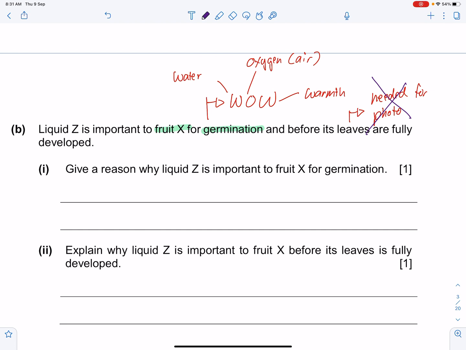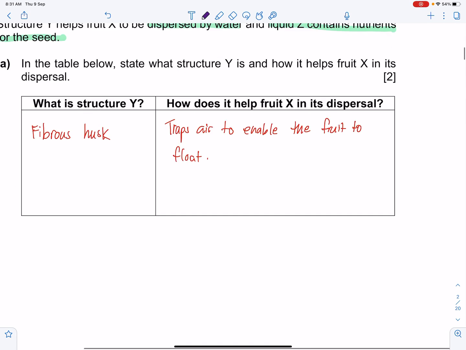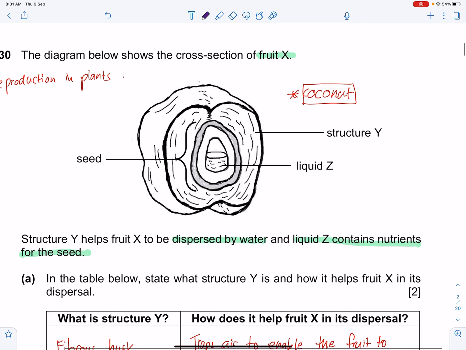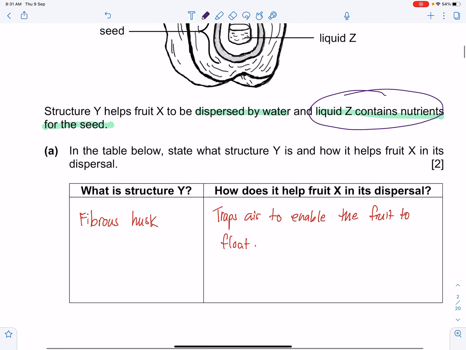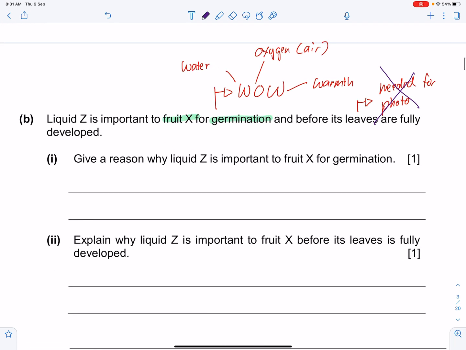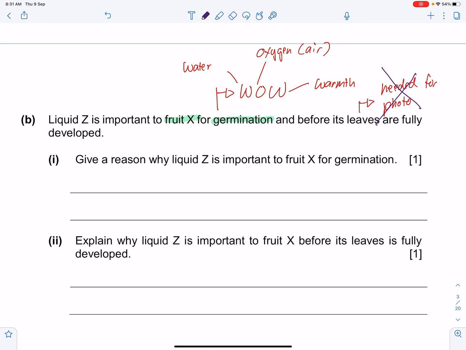So if there's no food, why do you think liquid Z is important? If I go back up and take a look, it tells me that liquid Z contains nutrients. So since Z contains nutrients, it must be a source of food before the leaves can develop.